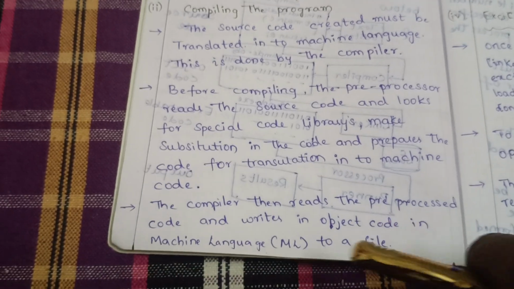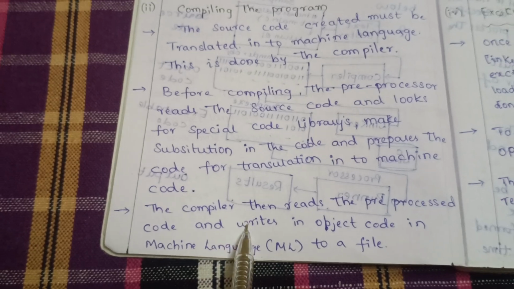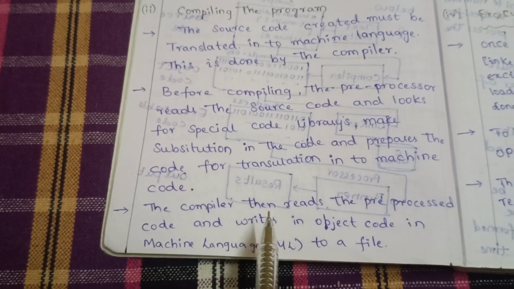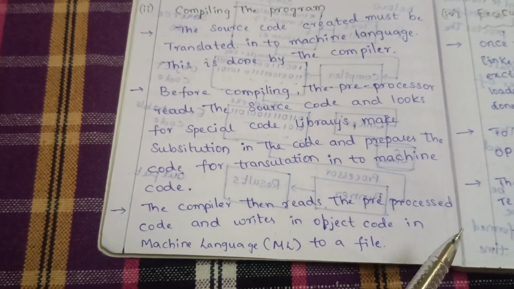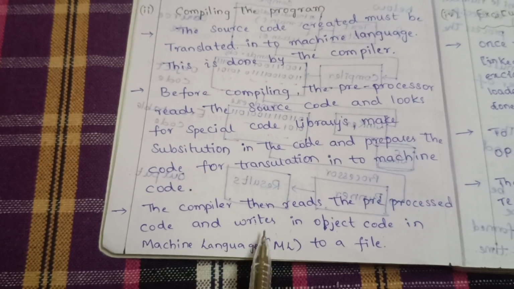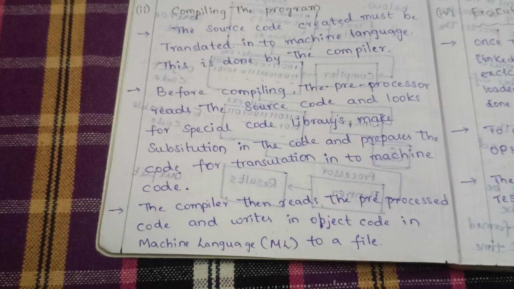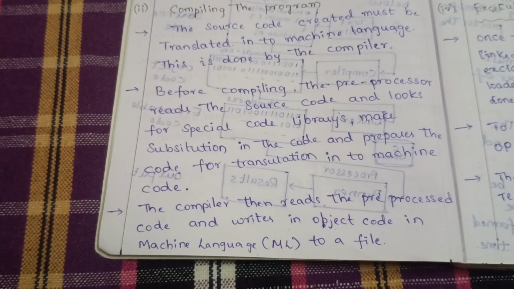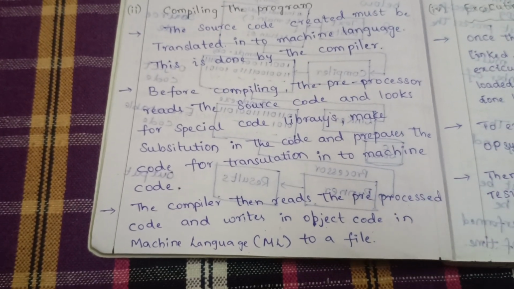Then the compiler reads the preprocessed code and writes object code in machine language to a file.